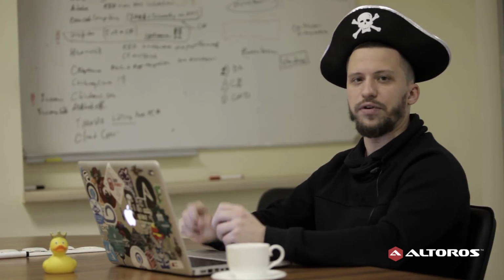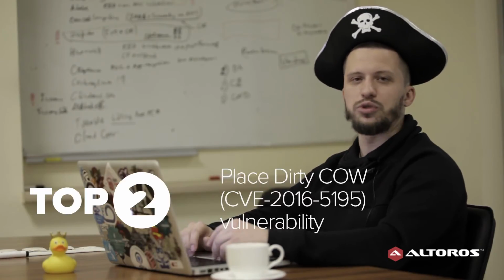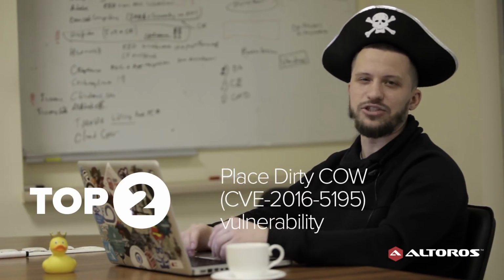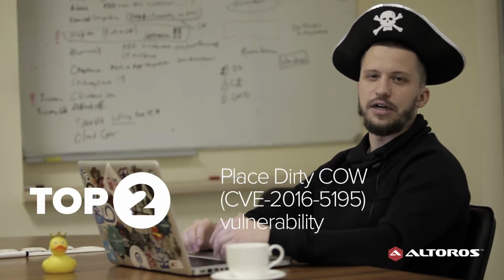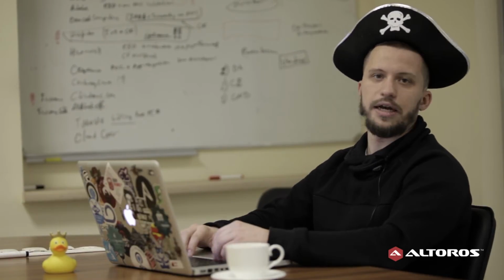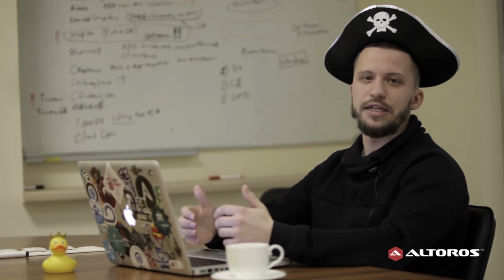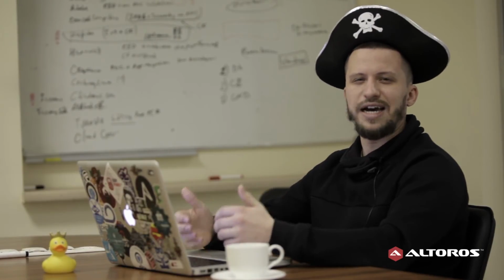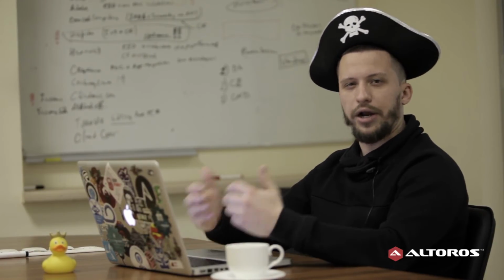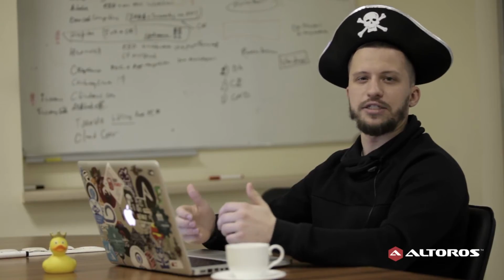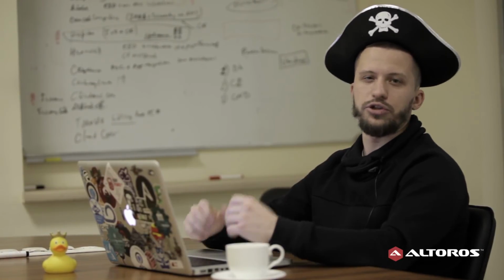The second place goes to the thing that blew up internet security after the attack on Dyn. It appeared that inside the Linux kernel for 9 years there was code that created a vulnerability called Dirty COW.